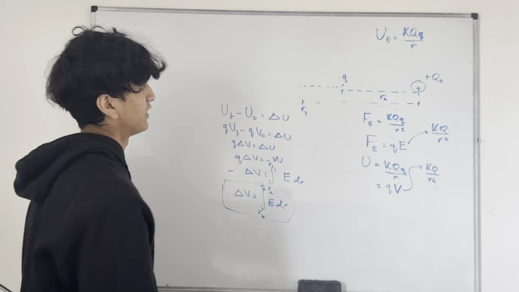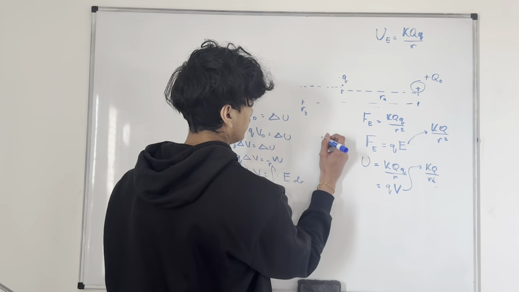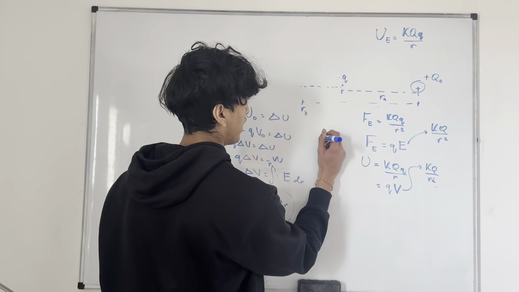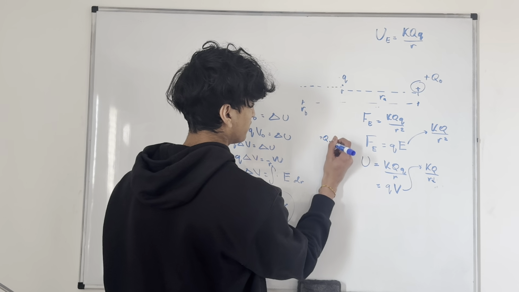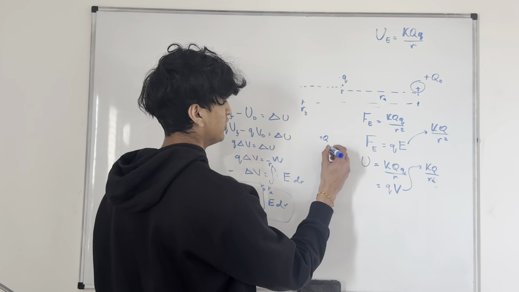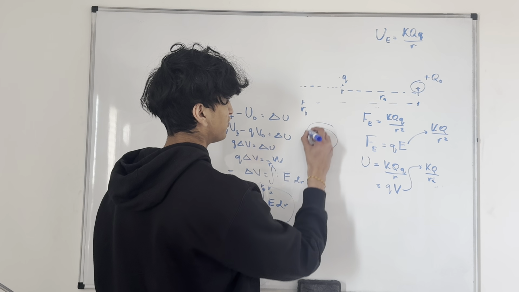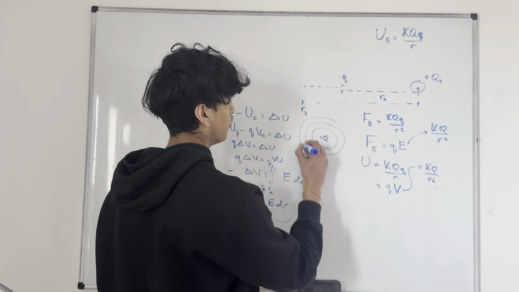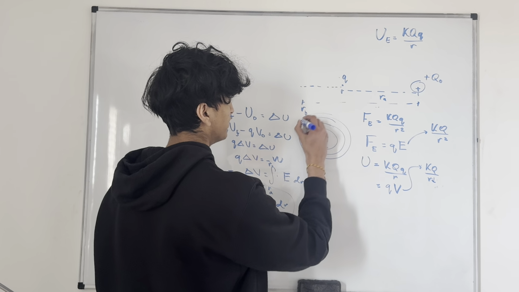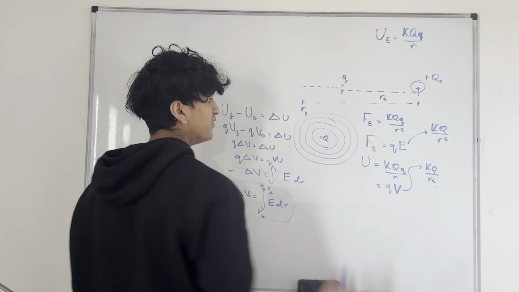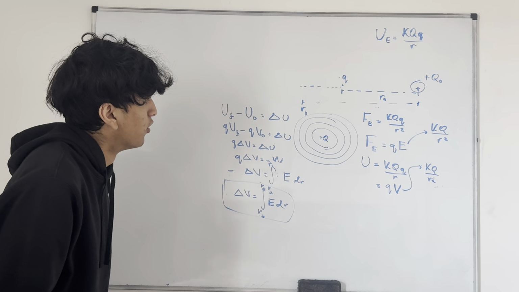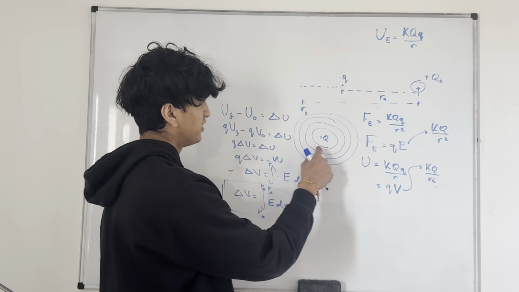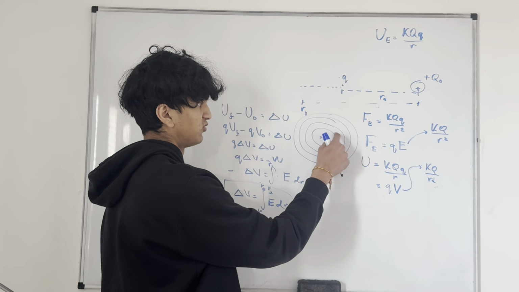If you think about equal potential lines, so if I draw a positive Q and create an equal potential map, these are circles that represent where the potential is the same.